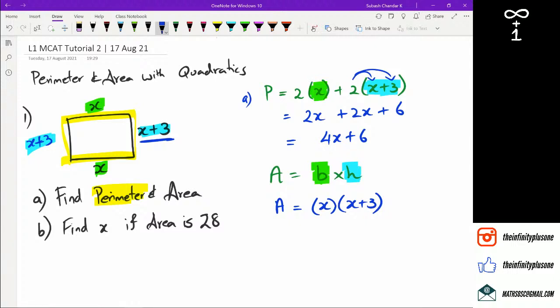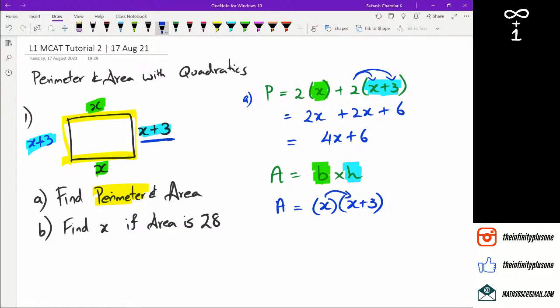Once we've got that, we need to expand. So we've got x times x, which is x squared, and then x times 3 is 3x.